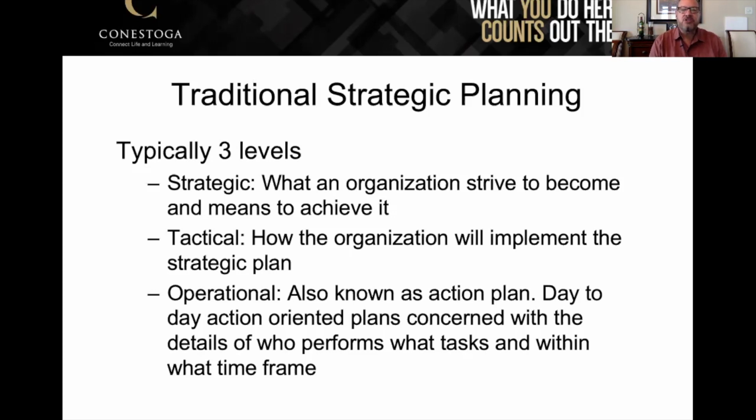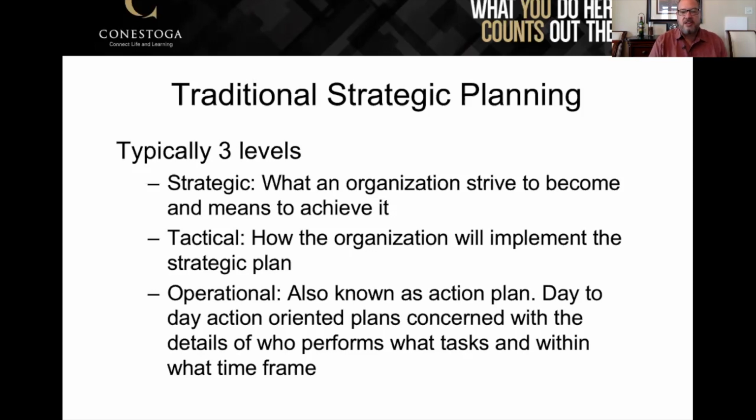So how will we actually do these things? And one of the things you'll see is that this cascades through an organization. And as you cascade from one level down to another, it becomes more and more tactical or even operational. And operational, obviously, here's the last one. It's the actual day to day.